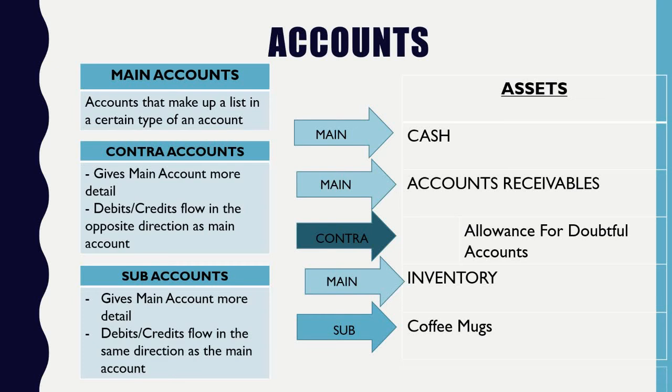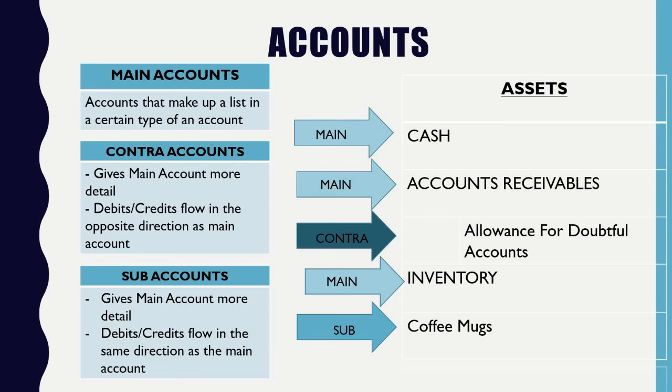Now, a sub account is going to give the main account more detail. And how does it give more detail? It breaks the main account down into further detail. So, for example, inventory. I can sell coffee mugs. I can sell toys. I can sell a specific item, and that's going to be my sub account.